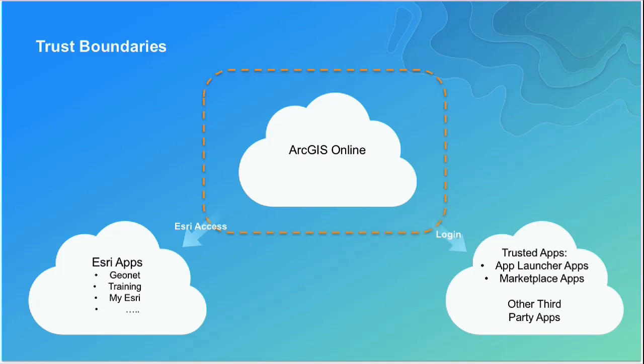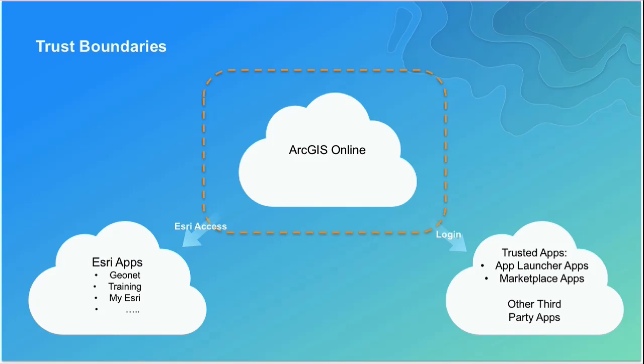Those apps are trusted by the organization and therefore won't prompt users of that organization for confirmation. Also, if you are purchasing things off of the marketplace for ArcGIS Online, those things are automatically trusted. But as I said, other third-party applications give you an acceptance screen at this point.